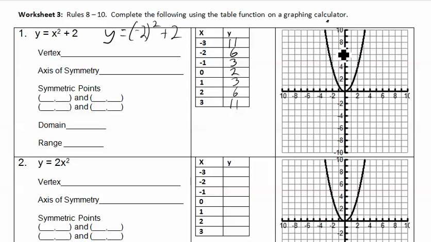Okay, just up above by 1. -2, 6, -1, 3, 0, 2, 1, 3. As you'll notice, these points, 2, 6, the same points on the other side, 3, 11.